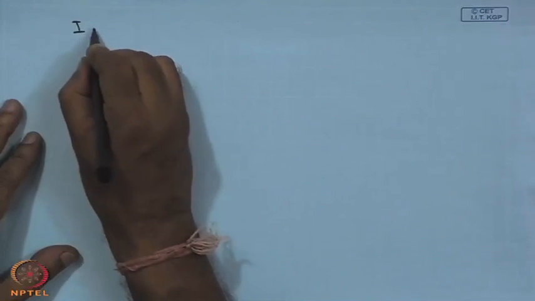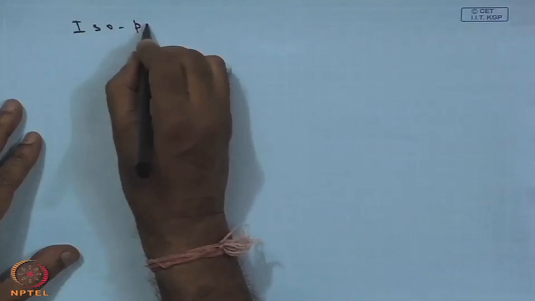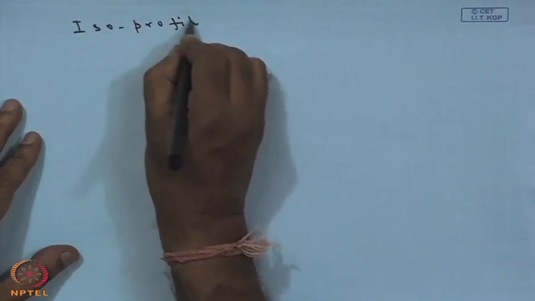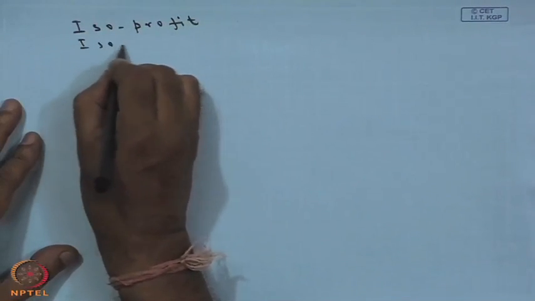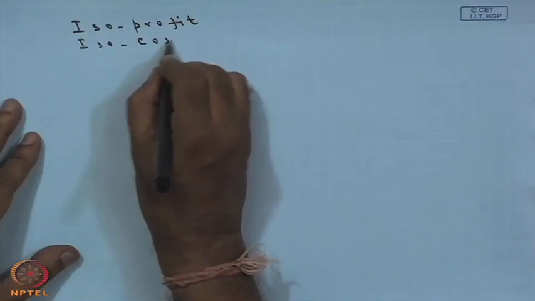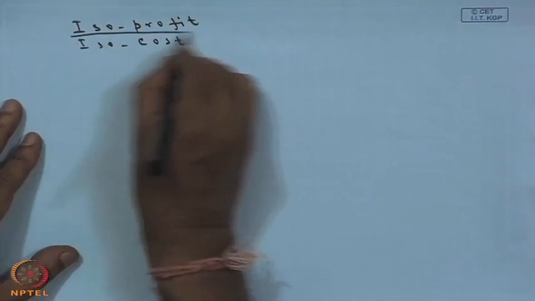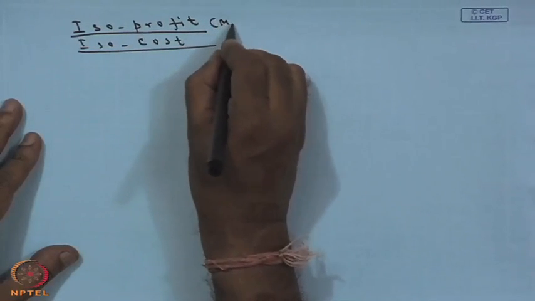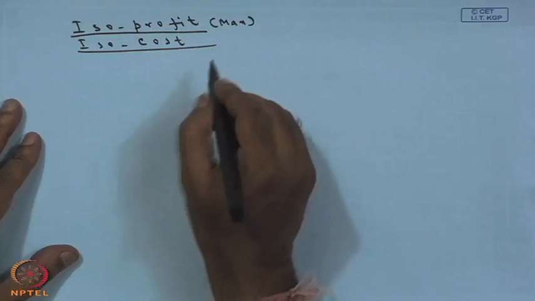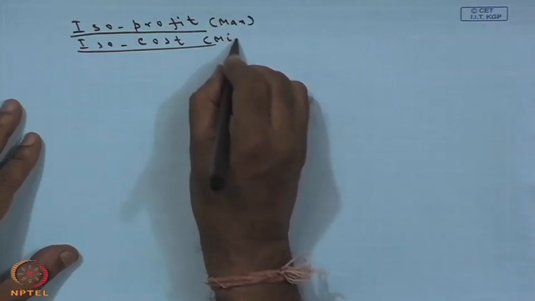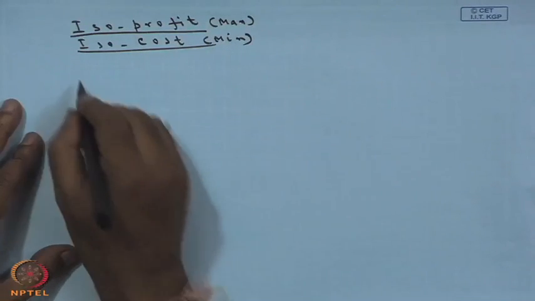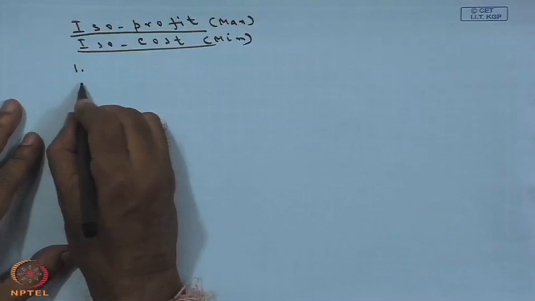The next one is the ISO profit, or we call it the ISO cost approach. Obviously, for maximization problems we use ISO profit, for minimization problems we use ISO cost.